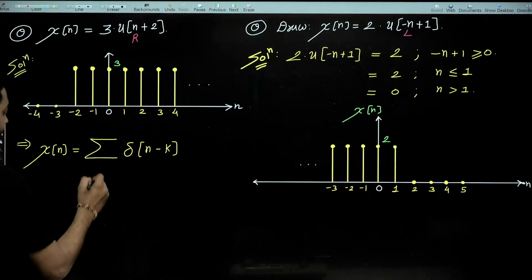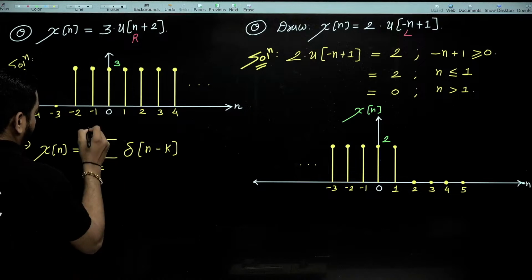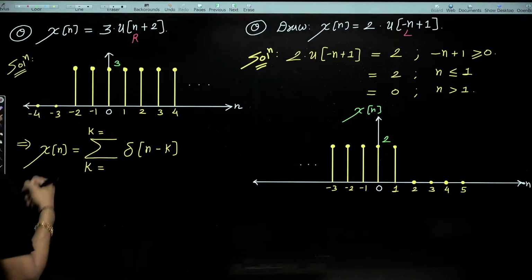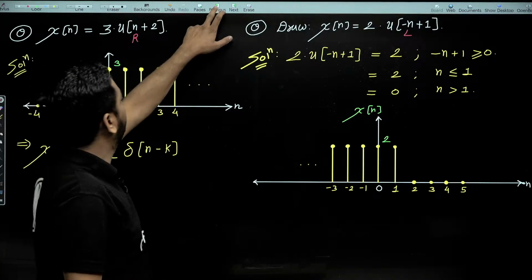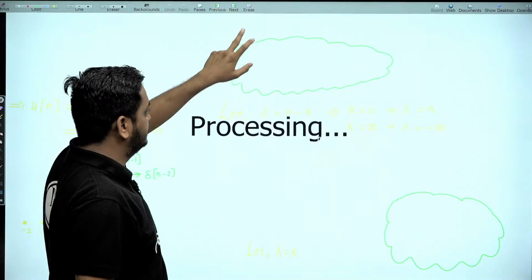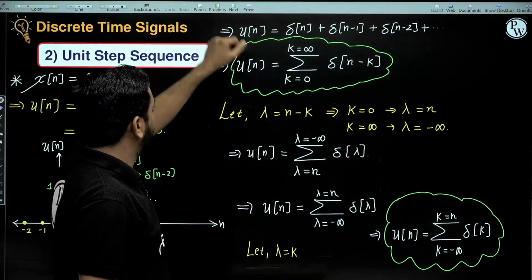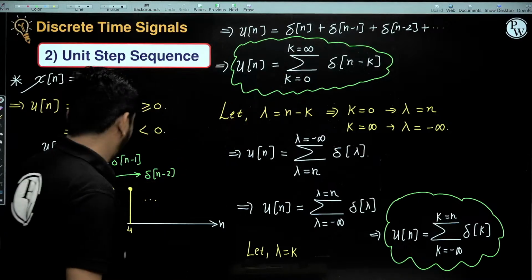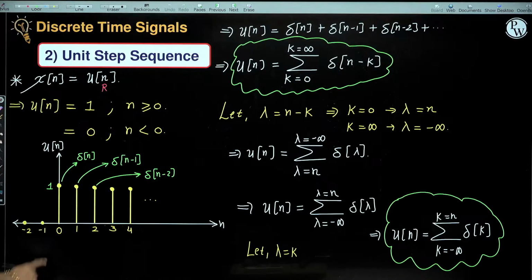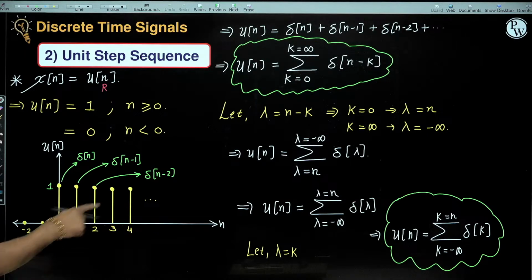N minus k. Now tell me, k starting from what? Lower limit, upper limit. Here you can see k starting from 0 to infinite, correct?